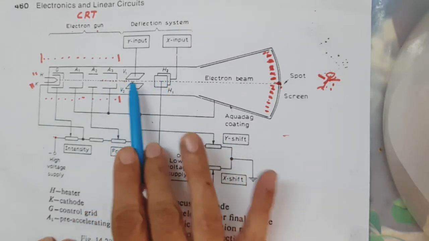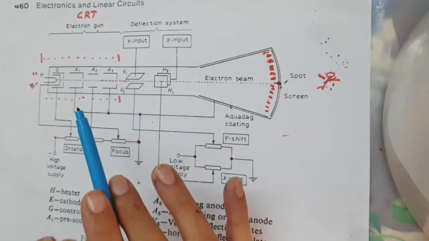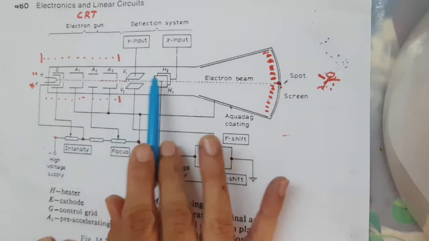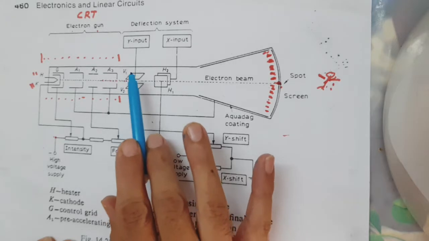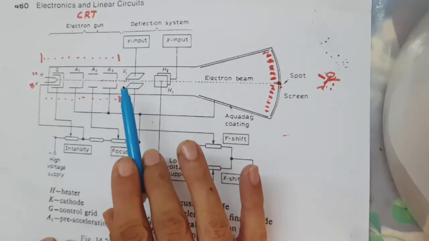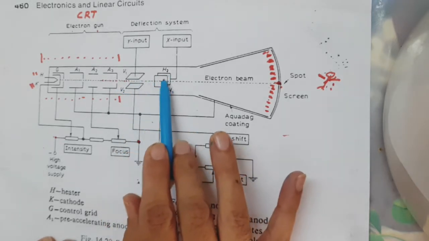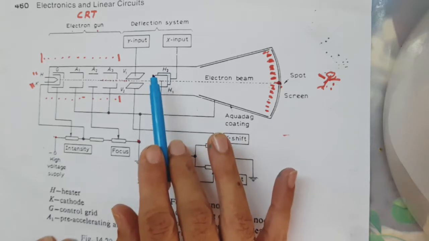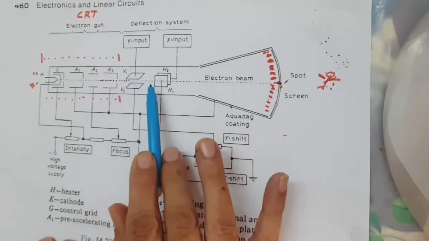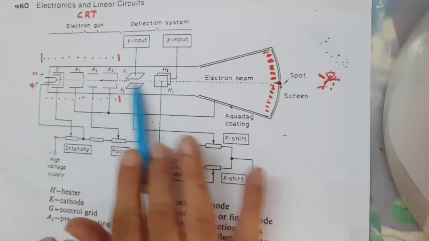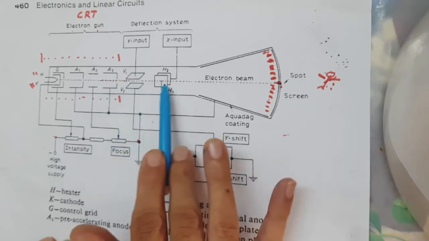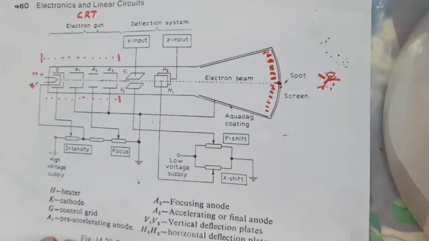Instead of these plates, if we are using a coil, then a magnetic field is generated between these two coils, so the deflection is due to the magnetic field. Here we are using plates, so the deflection is due to the electrostatic field.